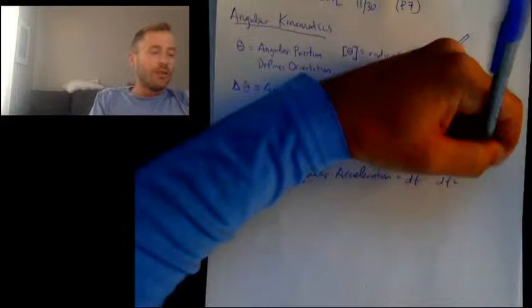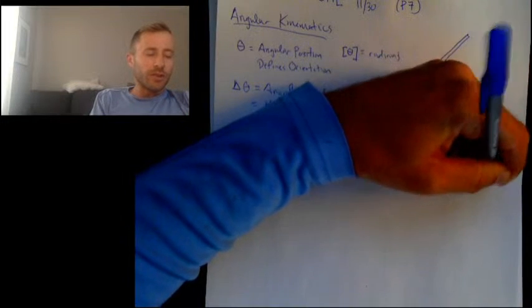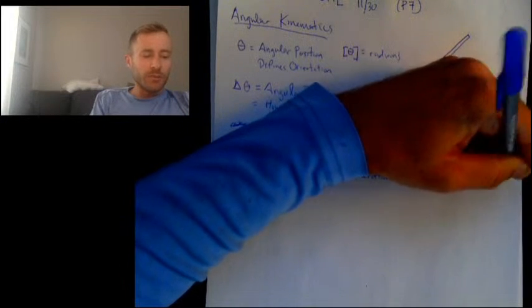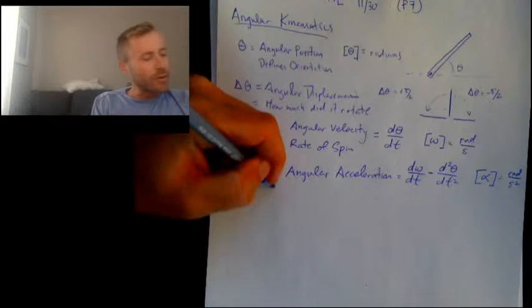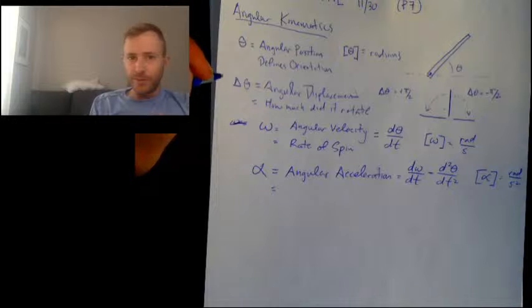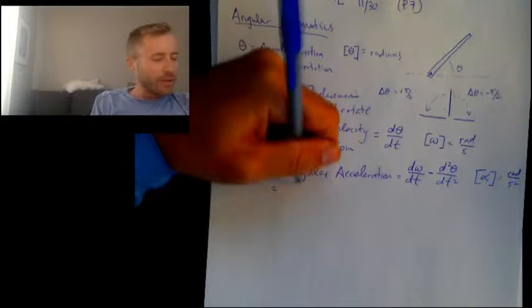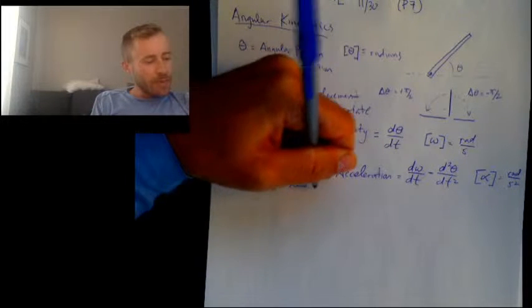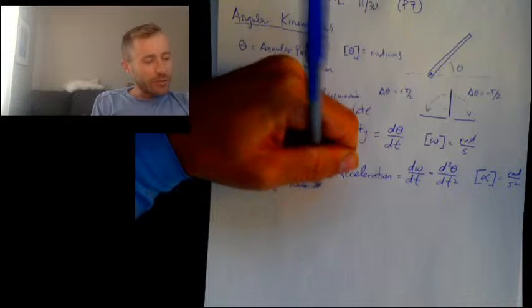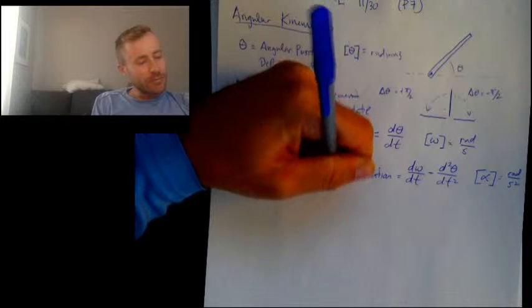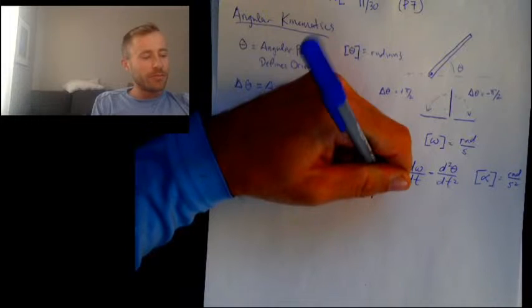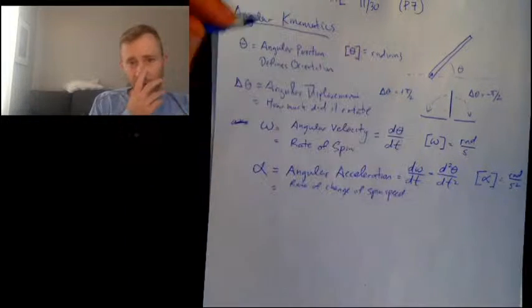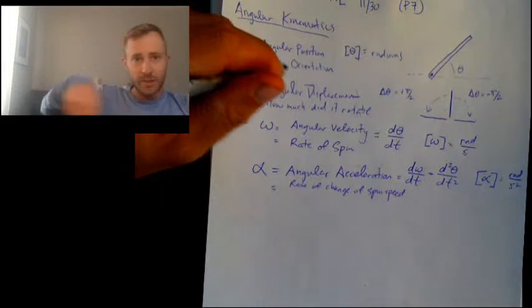Units of angular acceleration are radians per second squared. So what is angular acceleration measuring? It's measuring the rate of change of the spin speed. So how quickly is the rate at which it's spinning changing?